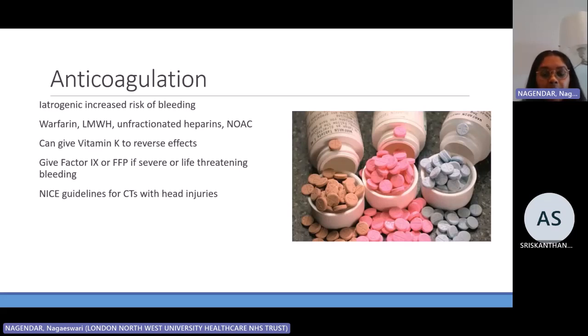It's better for your kidneys. Both of these heparins require renal clearance. So if your platelet levels drop, that's what we then consider with these anticoagulants. With the heparins, you might want to stop them.